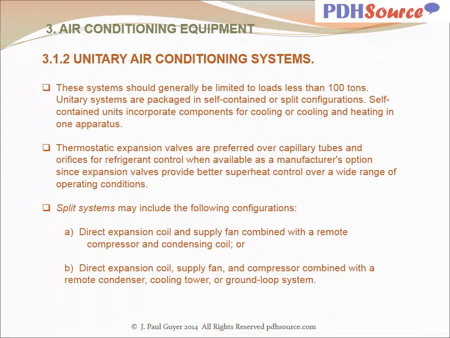Split systems may include the following configurations: A, direct expansion coil and supply fan combined with a remote compressor and condenser coil, or B, direct expansion coil, supply fan and compressor combined with a remote condenser, cooling tower or ground loop system.